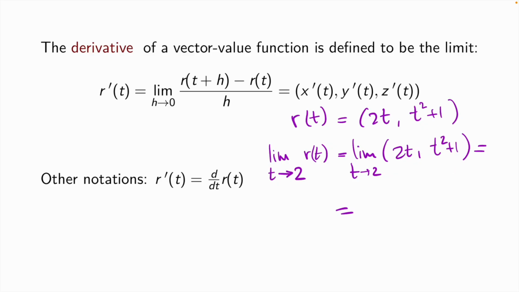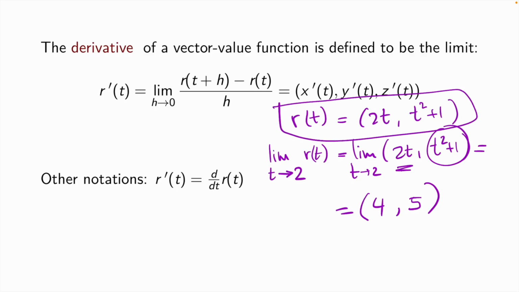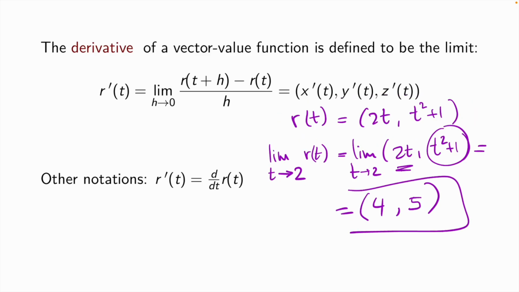The limit of 2t is 2 times 2, which is 4, and the limit of t squared plus 1 is 2 squared, which is 4, plus 1, which is 5. So the limit of the vector value function when t approaches 2 is the vector (4, 5).